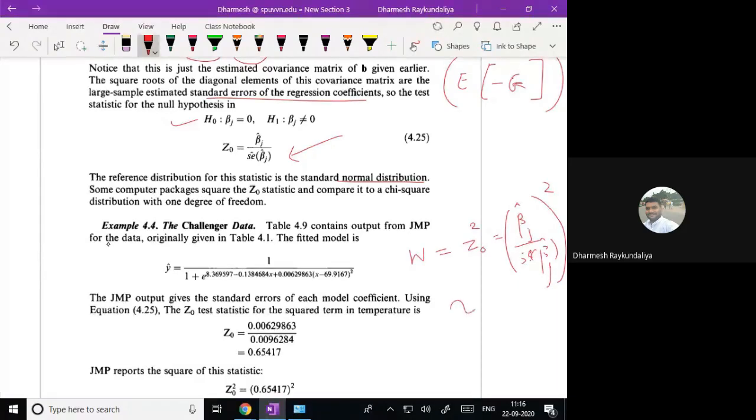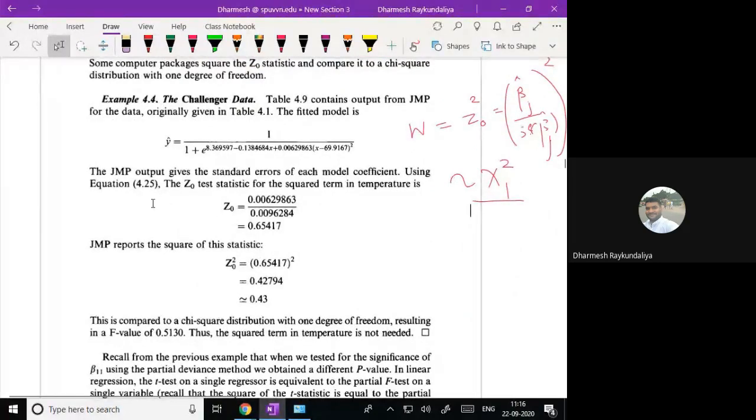Because you are testing only one parameter individually, the degree of freedom is one, so it is a chi-square with 1 degree of freedom. Some computer programs use z0 and compare with the normal; some software takes the square and compares with chi-square 1. Both are the same.